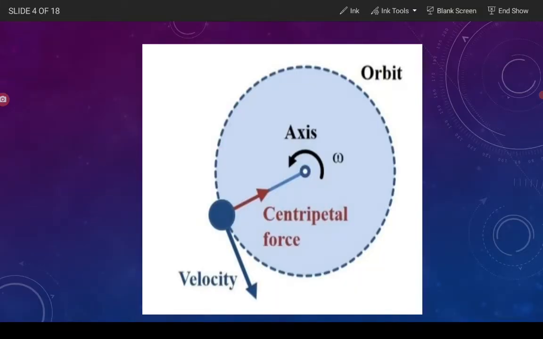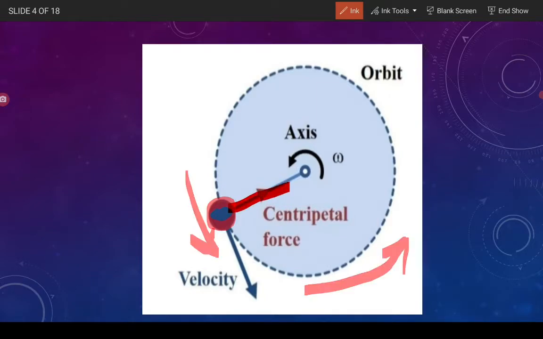Now this is a simple example or a simple depiction. Here the molecule is moving in a circular pathway, as you can see. The centrifugal force is always towards the center, while the velocity of the molecule is always tangential to the centrifugal force, that is 90 degrees between these two, right?